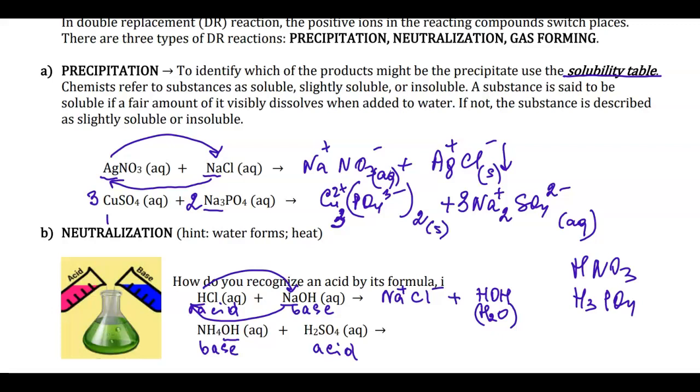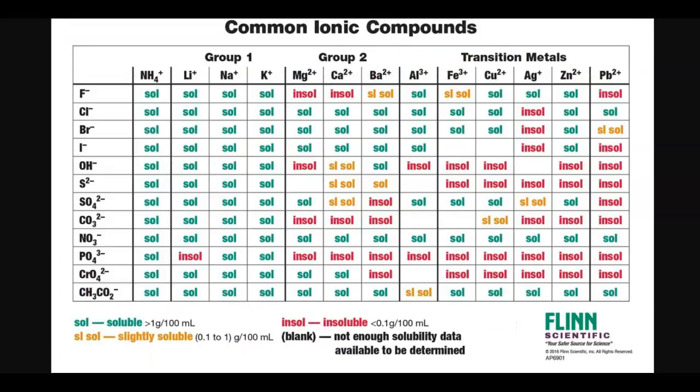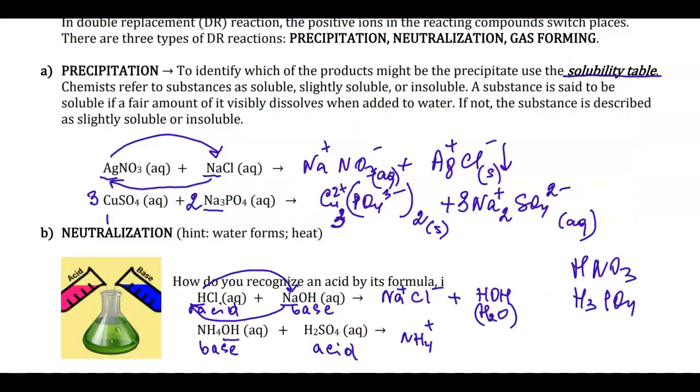So the second one, ammonium hydroxide, a base, and sulfuric acid as an acid react with each other, so it's neutralization reaction, and ammonium replaces hydrogen here. Ammonium, its charge is plus, one positive, right?